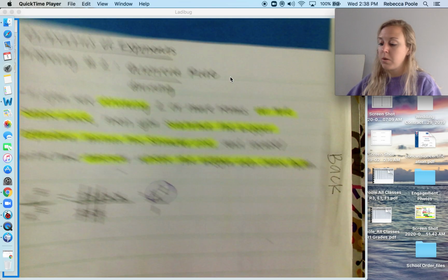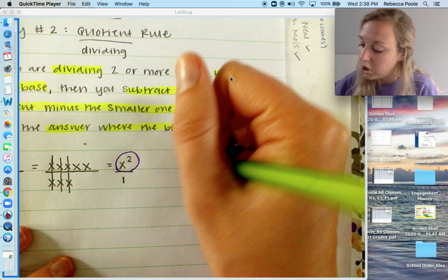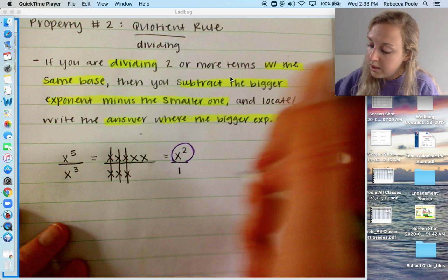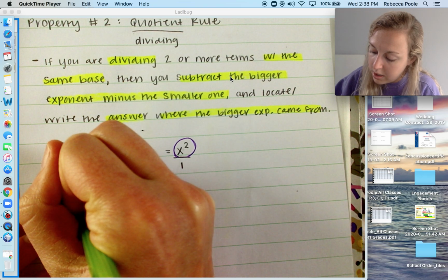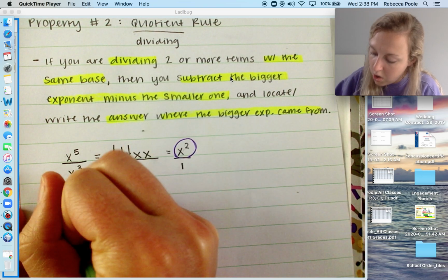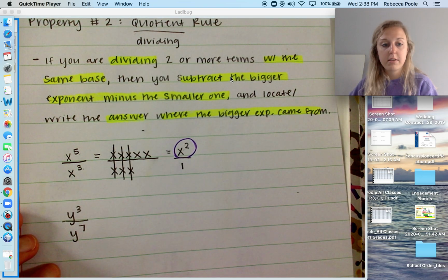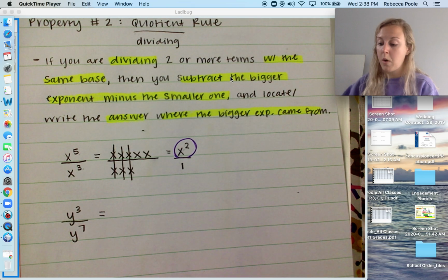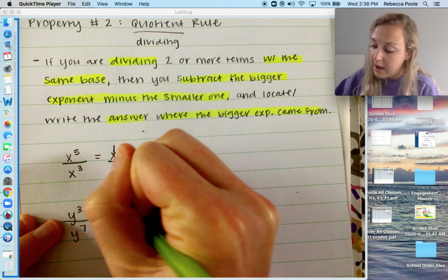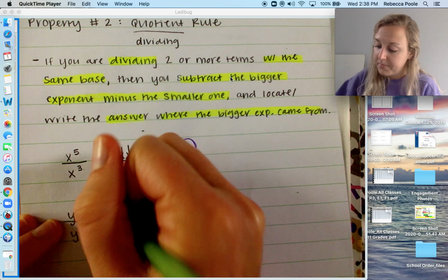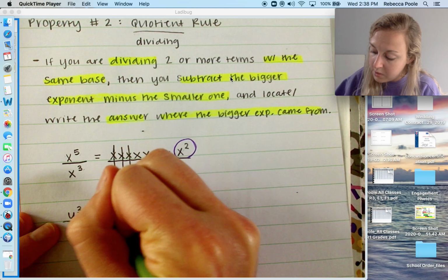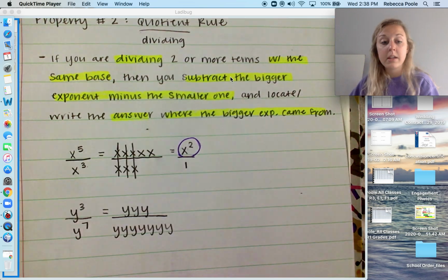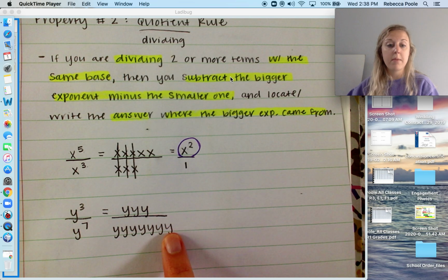All right, let me show you with another example. So let's do, I don't know, let's do y to the 3rd over y to the 7th. Okay, so what this means, if we did it out the long way, I have 3 y's multiplying together in the top, and I have 7 y's multiplying together in the bottom, or the numerator and denominator, right?